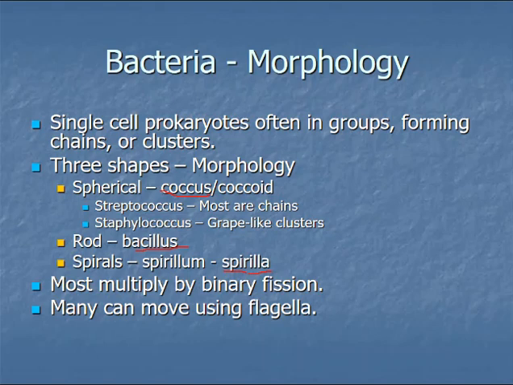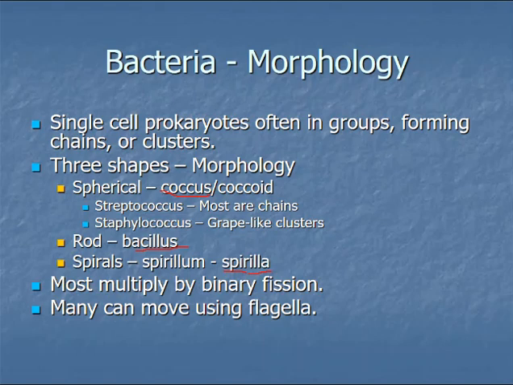Now most of these will multiply by binary fission, so you only have to have 1 bacterium in order to make as many as you want. You don't have to have 2 that get together to create a third one. All you need is 1, and that 1 can divide to form 2, and then that 2 can divide to form 4, and so you get a really rapid multiplication here.